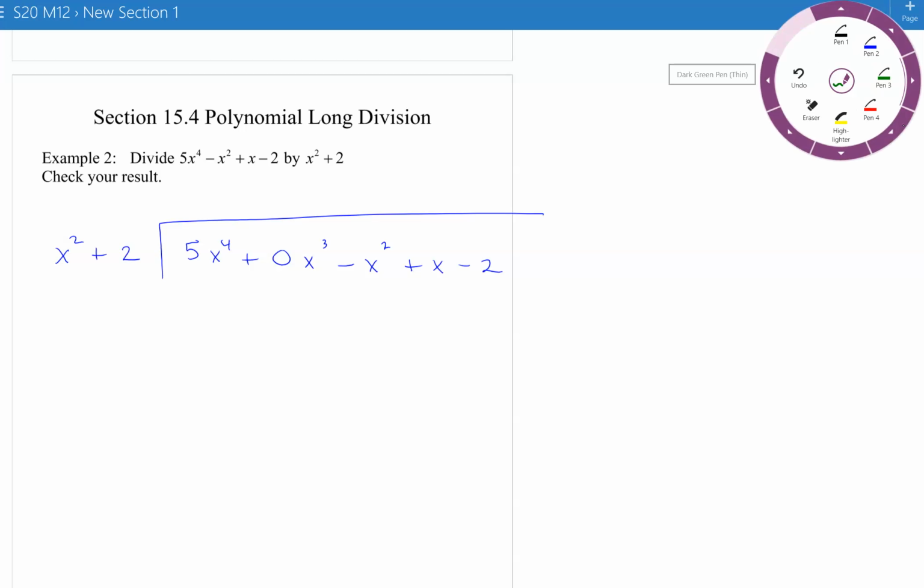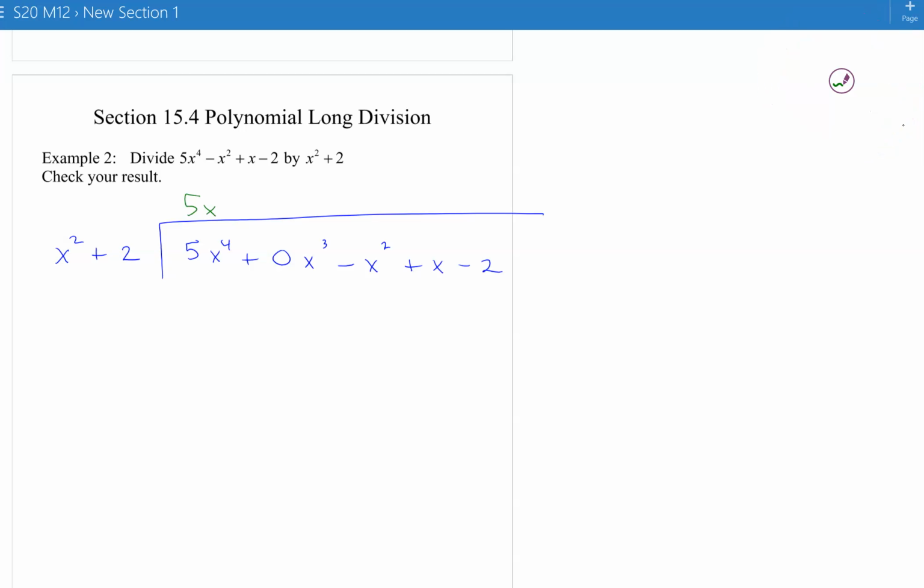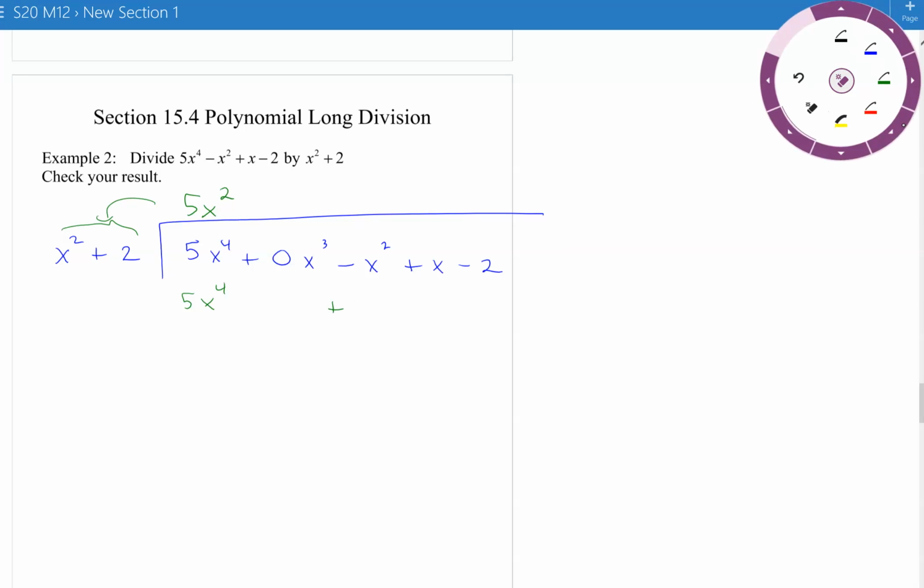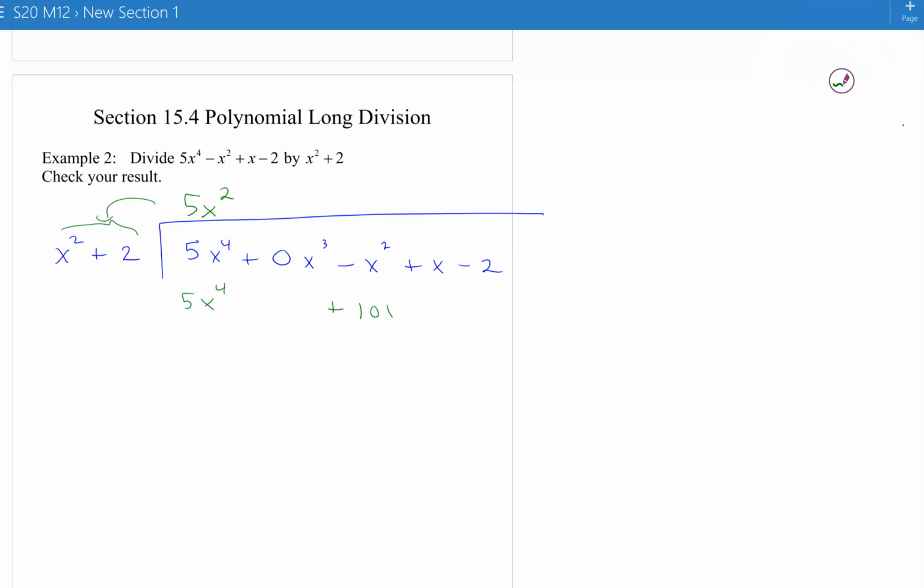So we know we're going to need to multiply the x squared by 5x squared, then distribute that and get 5x to the fourth plus 10x squared, and we're going to subtract.